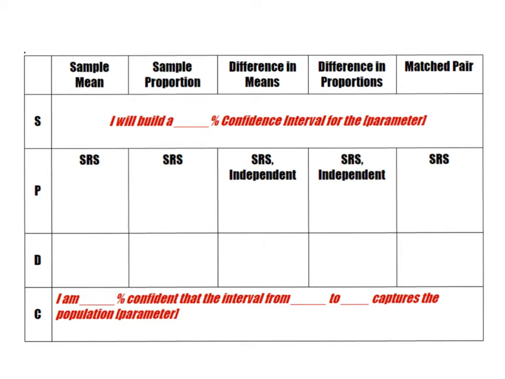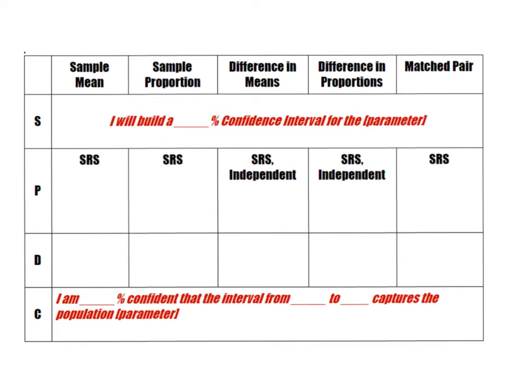So in every one of these cases, you gather your information from a sample, and then you try to make some inference about the population. So the state is, I will build a whatever confidence you want, confidence interval for the population mean, population proportion, difference in population means, difference in population proportions, or this matched pair, the difference in before and after of that population.